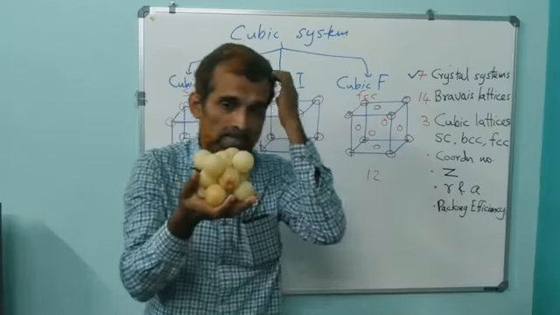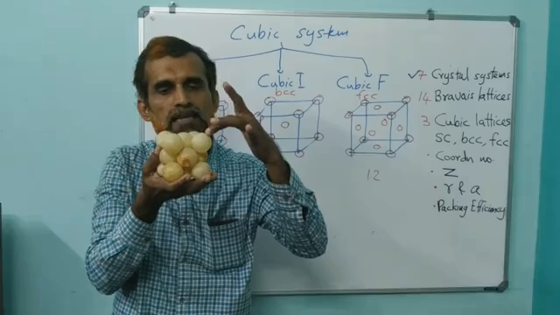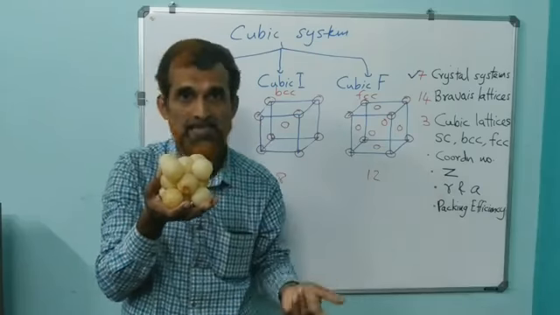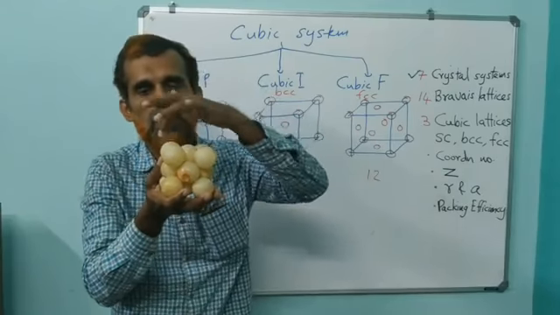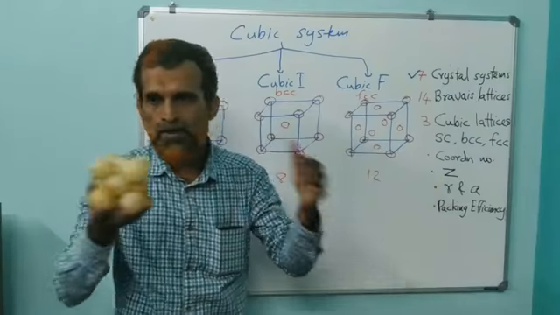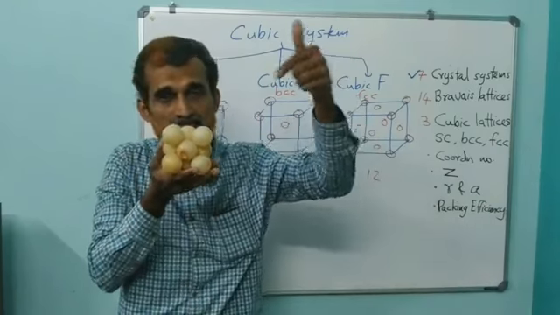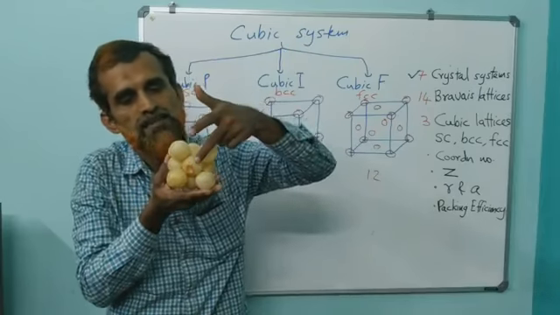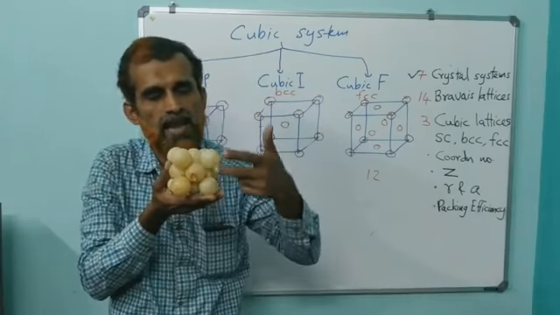Another point regarding FCC is that the corner particles are not touching along the edge, just like in BCC, because to occupy the face-centered particle, the corner particles have to get pulled apart, open up. Then how are the particles touching? It's very interesting. In FCC this is touching this and this is touching this. What is this? This is a face diagonal, isn't it?